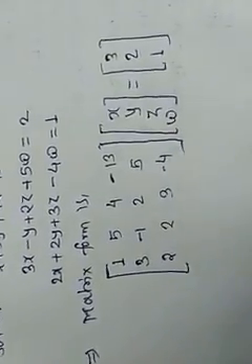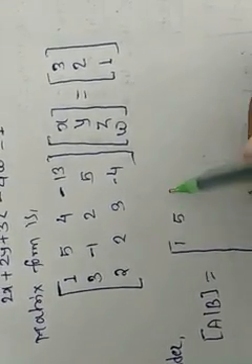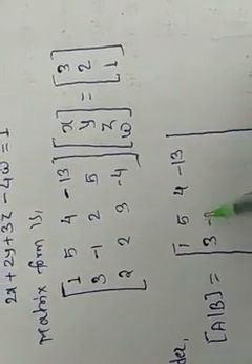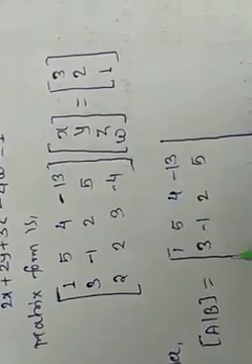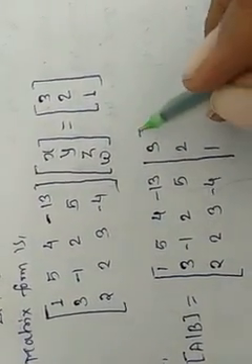Now consider the augmented matrix [A|B], which is equal to the matrix 1 5 4 minus 13, 3 minus 1 2 5, 2 2 3 minus 4, and 3 2 1.